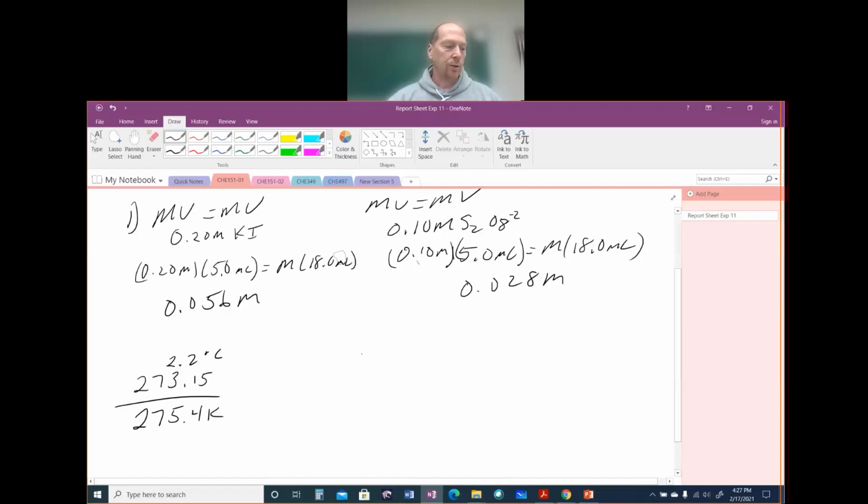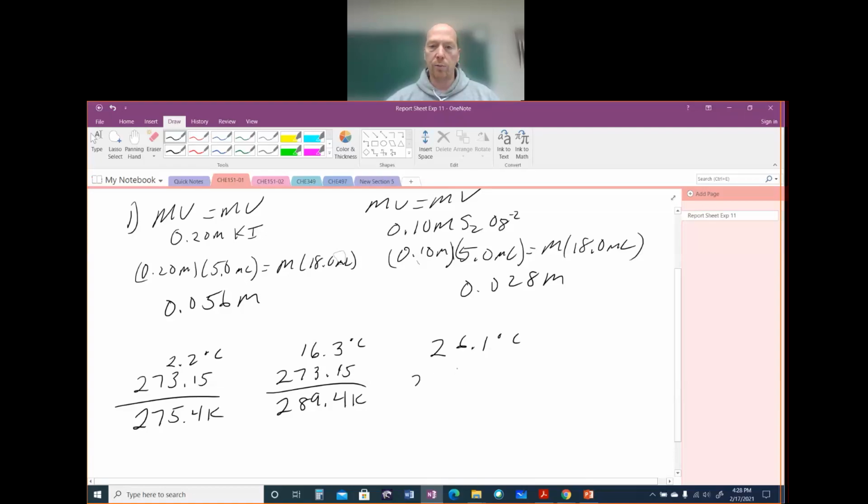All right, the next temperature was 16.3 degrees Celsius. You add 273.15 to that. Then you have your rounding with the 5 and nothing after it rule, and that gives you 289.4 Kelvin. And then the third temperature I had was 26.1 degrees Celsius.